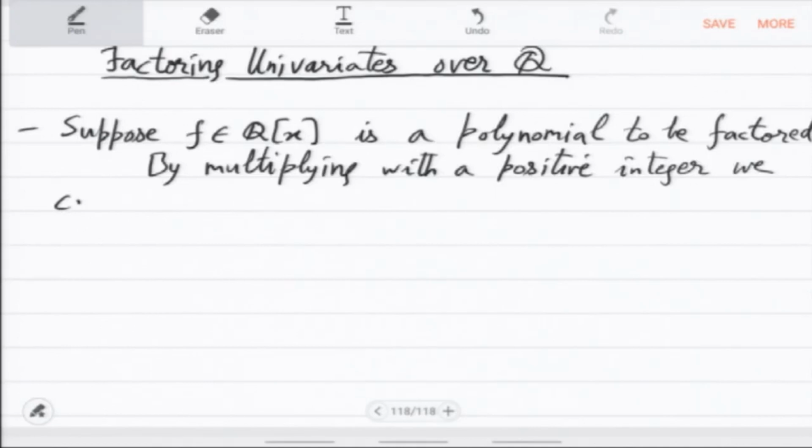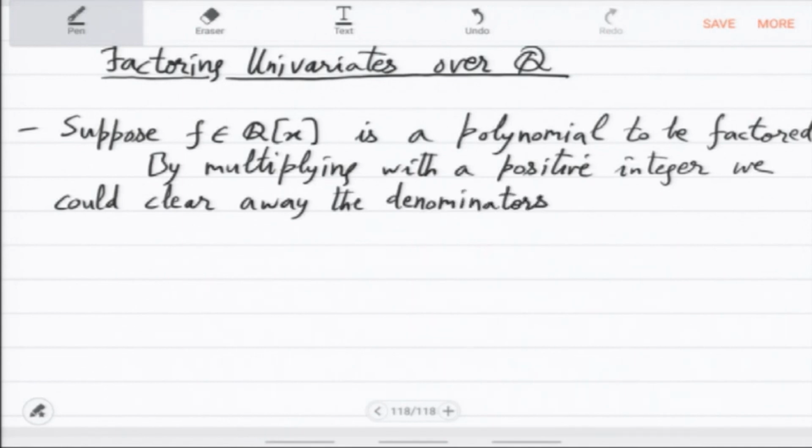We could clear away the denominators. So, without loss of generality, we can assume f to be integral.